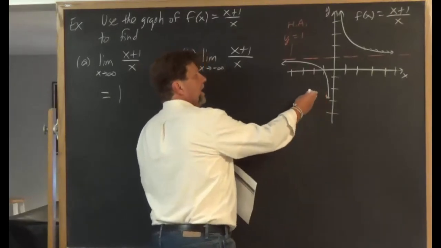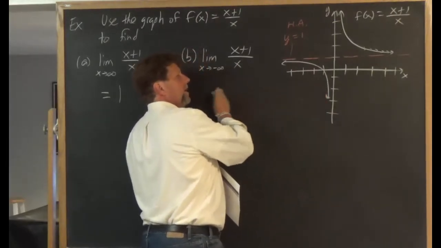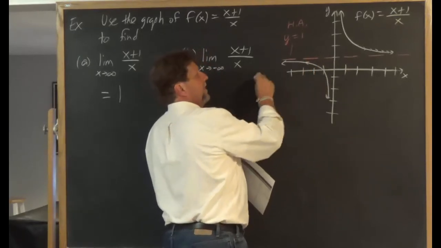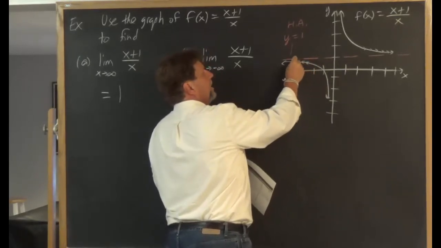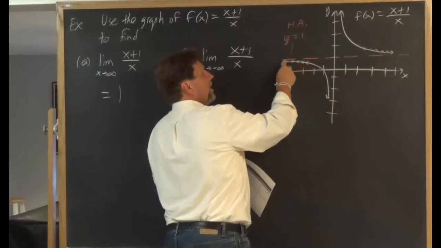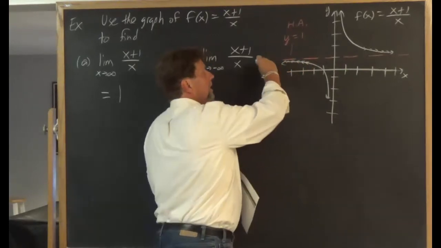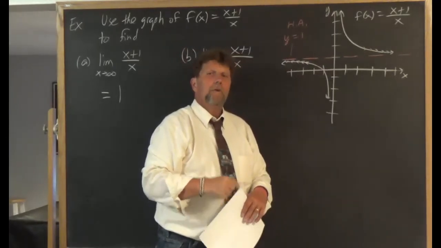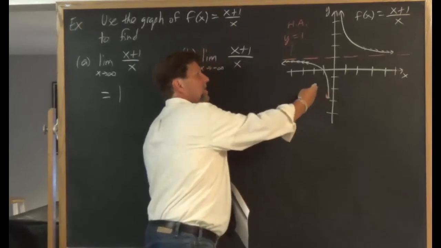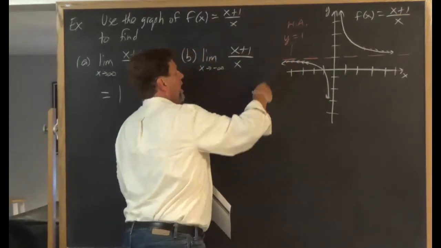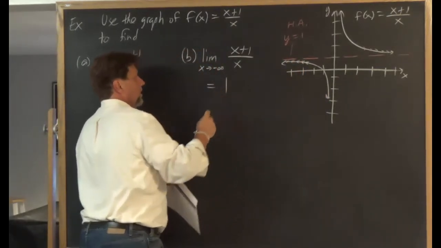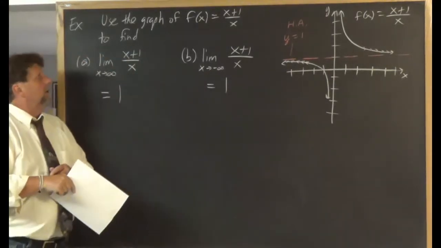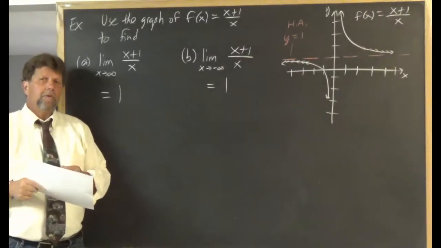Well, again, it looks like as the x's are heading off to negative infinity, the y values are getting really, really close to the horizontal asymptote, y equals 1. So it looks like as x heads off to negative infinity, the y's are getting closer to 1. And that's it for this example.